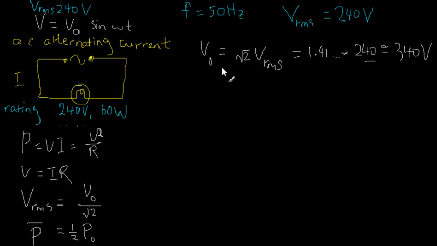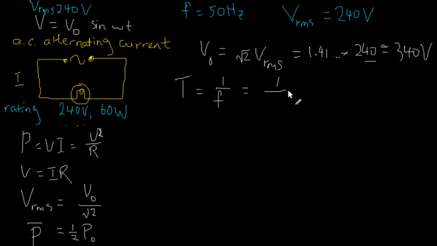Okay, so it's good to be aware of this when we learn about alternating currents. Now the other thing is about the frequency. From the frequency we can find a period. We find a period by taking 1 over the frequency. So 50 Hertz means 50 cycles per second.